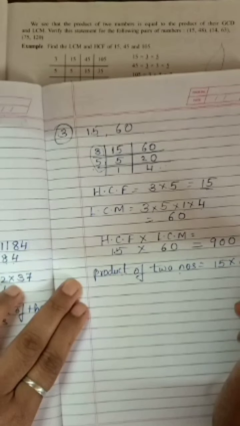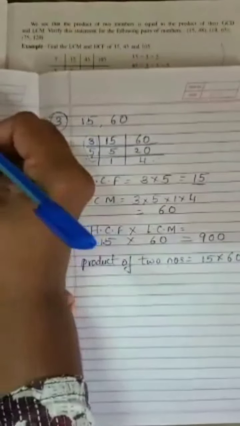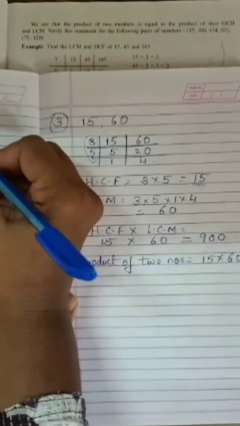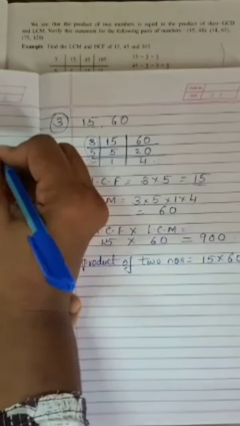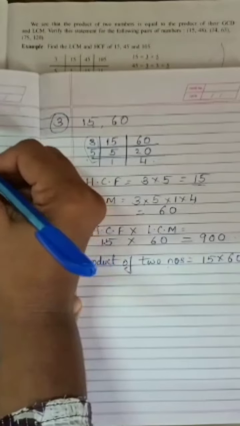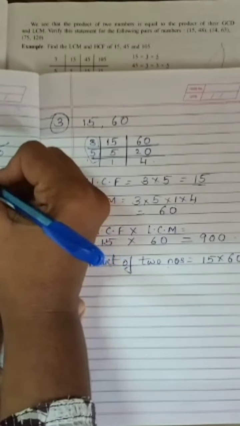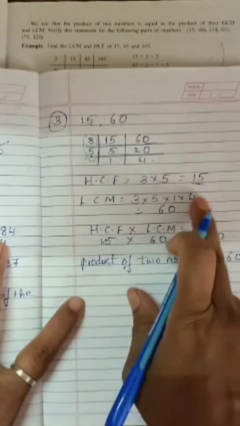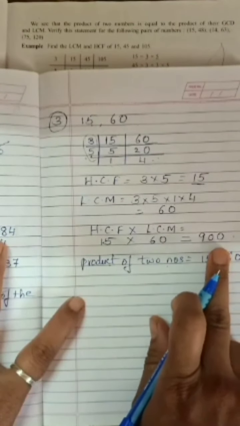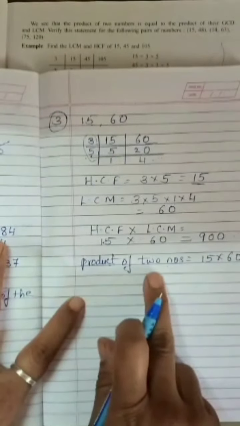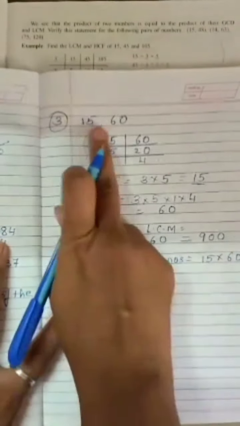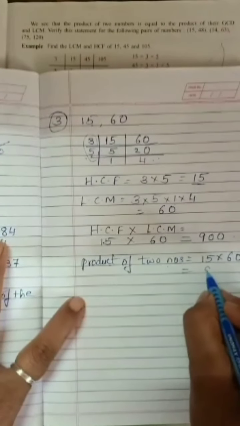Okay, now if I multiply 60 into 15, 5 6s are 30, 0 1s are 0, 6 1s are 6, so 900. So here the product of HCF and LCM is 900, and here the product of two numbers, that is 15 into 60, the two numbers are 15 and 60. If you multiply, you get 900.